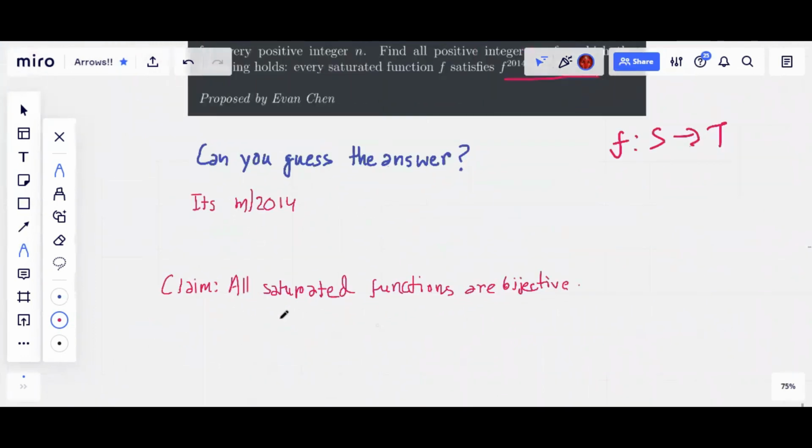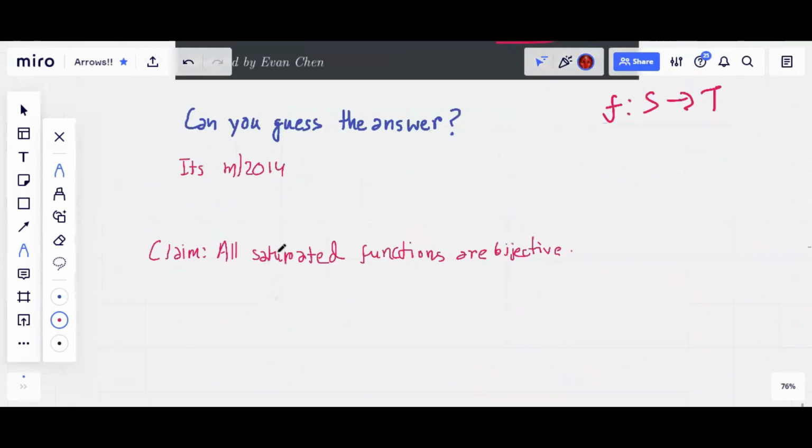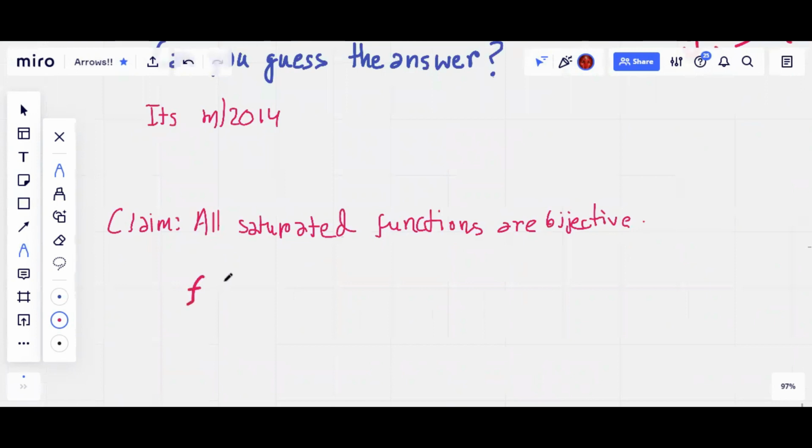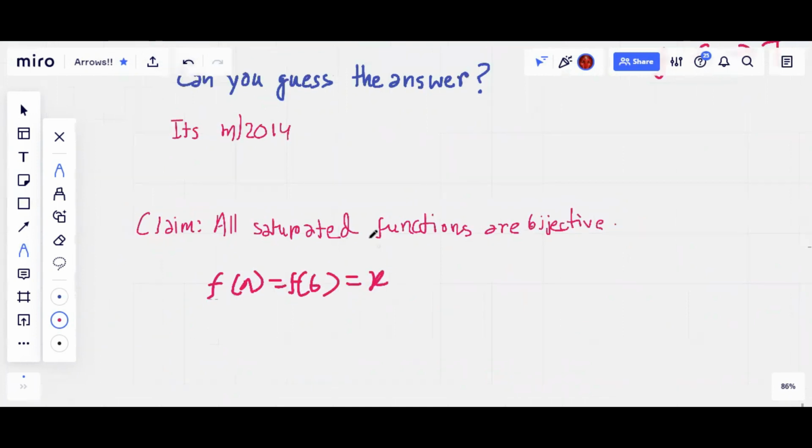So we use a standard trick to prove injectivity of a function. Assume that for some a and b, f of a equals f of b equals x.